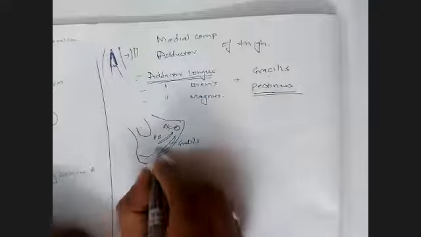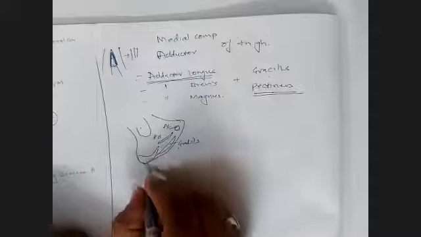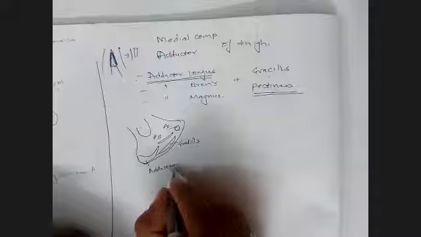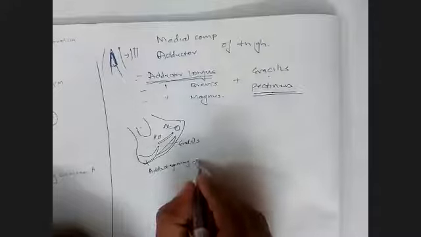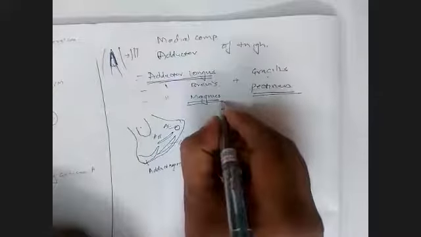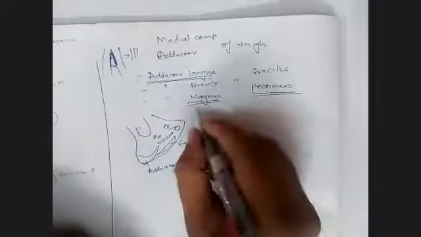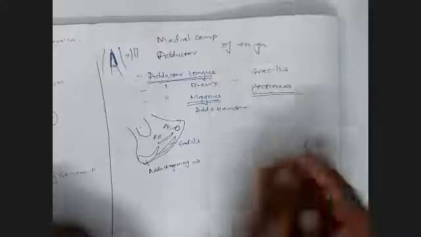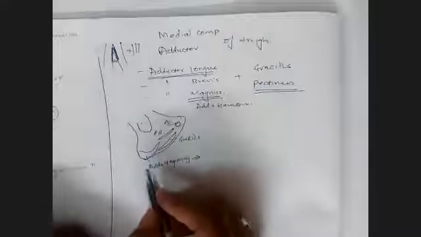And then there is this huge origin of adductor magnus. Adductor magnus belongs to two compartments: the hamstring compartment as well as the adductor compartment. So these are the origins of all of these.